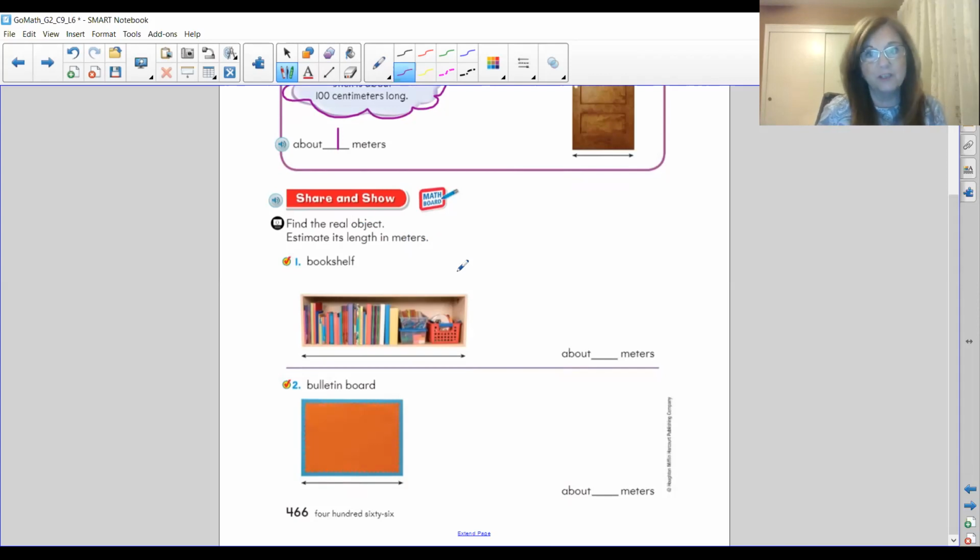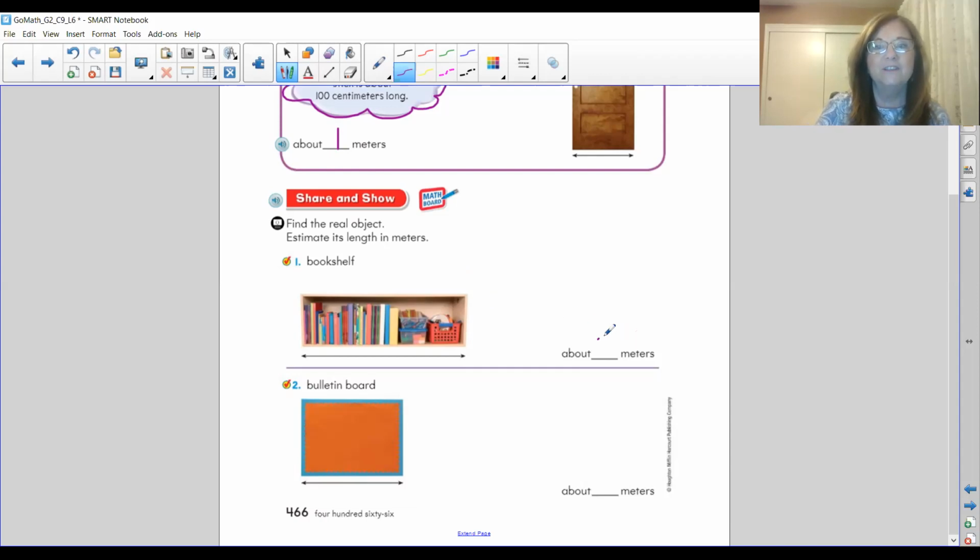If you don't have a bookshelf, look at a cupboard, or any kind of shelf in your home, and estimate how wide it is. Is it super, super, super wide? It goes on forever. It might be 4 meters, who knows? But this bookshelf is not very big. It might be 1 or 2. So we could just put 1 or 2.